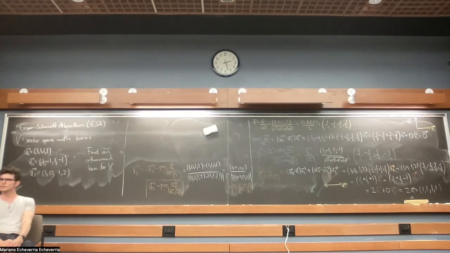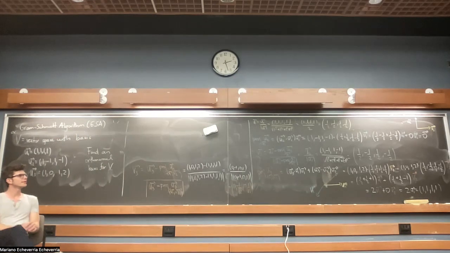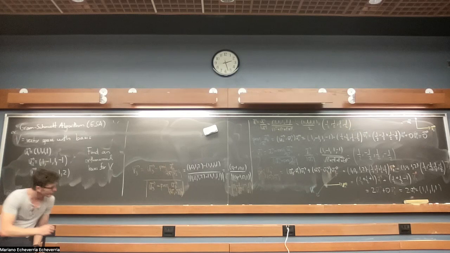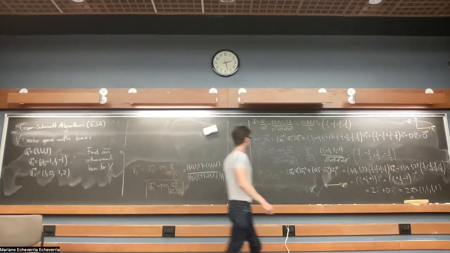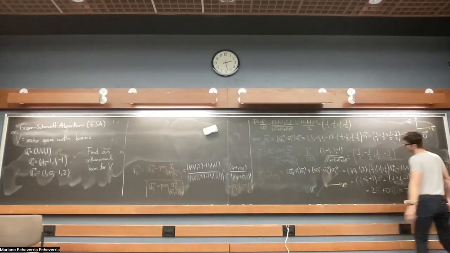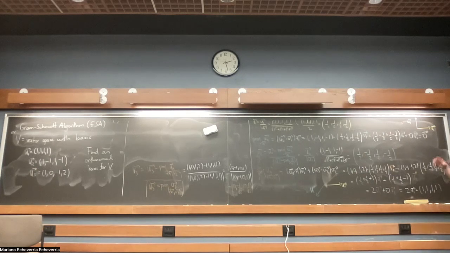Any concerns? Any questions about this? It's a little bit tedious, but I mean, it's just like the formula. So the idea is that the orange, yellow, and blue vectors each has length 1, and they're all mutually perpendicular.